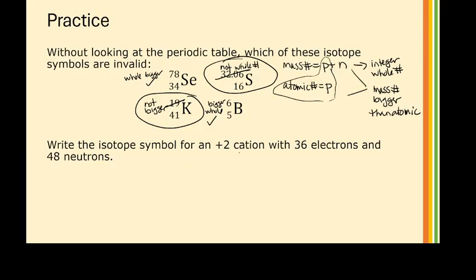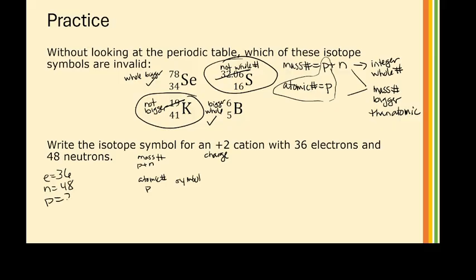Write the isotope symbol for a +2 cation with 36 electrons and 48 neutrons. Okay, so again, for the isotope symbol, I know I need the mass number up here, which is protons plus neutrons. I know I need the atomic number down here, which is the number of protons. I need the symbol, and then I need the charge. All right, so it tells me the electrons are 36, and the neutrons are 48.